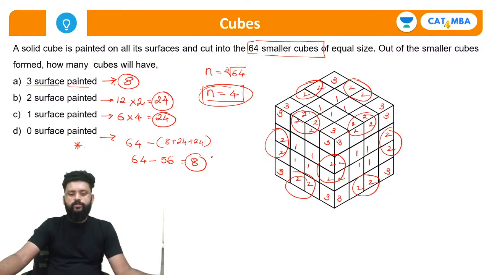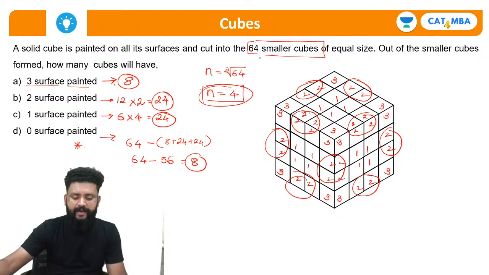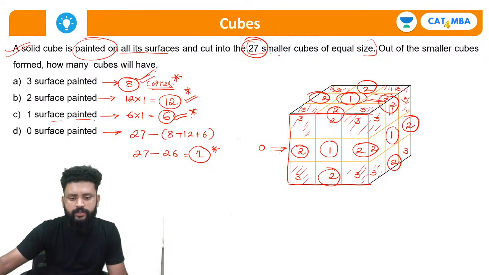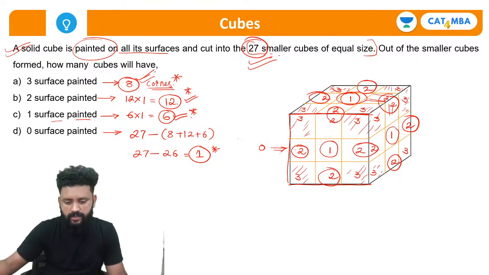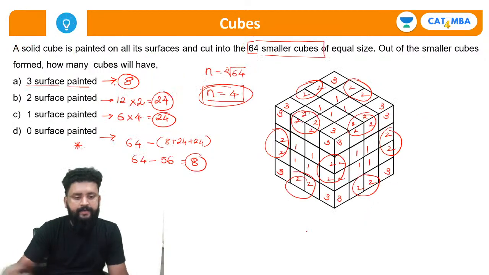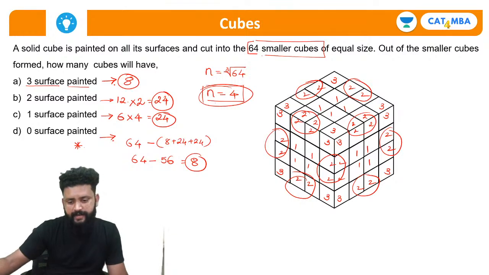So now in the next question, listen, if the value of n goes on increasing: in the first question there were only 27 cubes, so this was a 3 by 3 structure, and cube root of 27 is 3. So the value of n was 3 in the first question, and in the second question it is 4, a 4 by 4 structure.